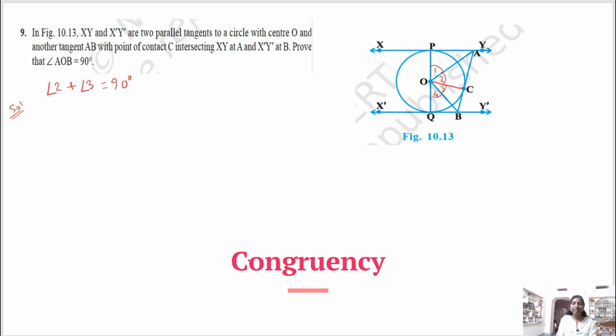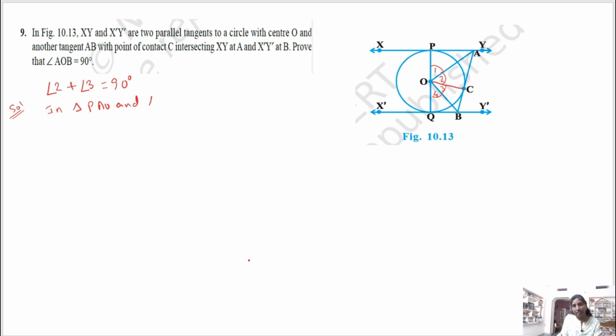Okay, for that we need to take 2 triangles. In order to prove angle 1 is equal to angle 2, we will take 2 triangles. Which triangles? In triangle PAO and triangle CAO.